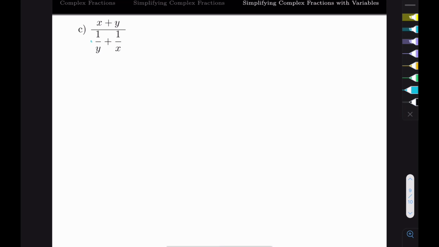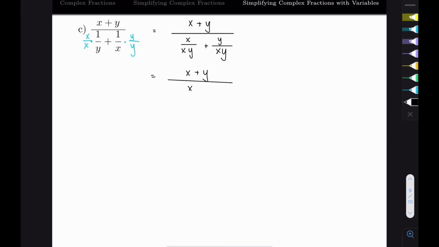So I need to multiply this one by x over x and this one by y over y to get the same denominator in both pieces. So we still have x plus y in the numerator. In the first fraction, we have x over xy. Then we have y over xy. And so now we can actually condense this bottom fraction as x plus y over xy.